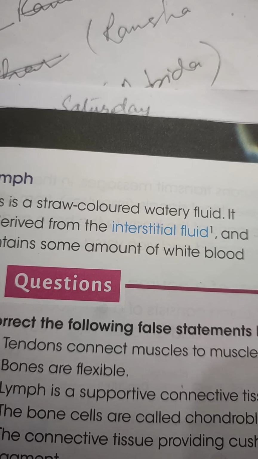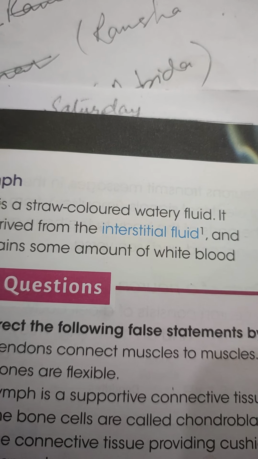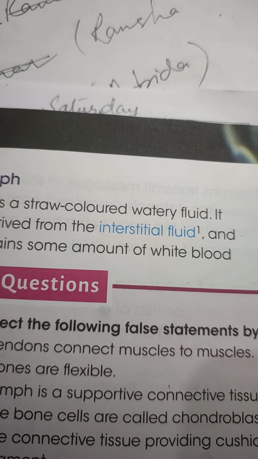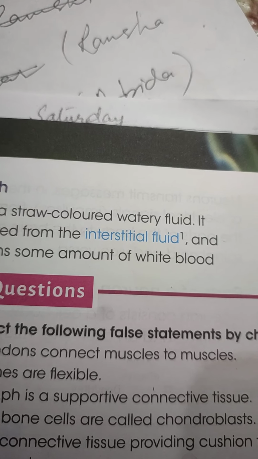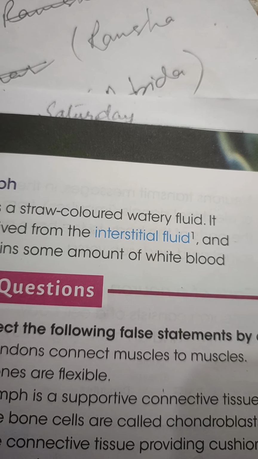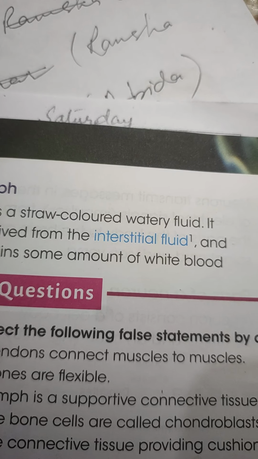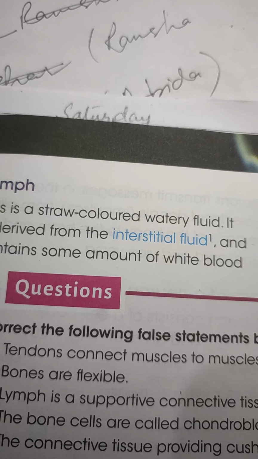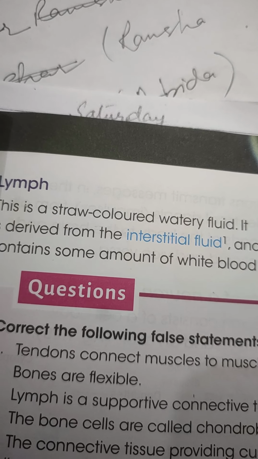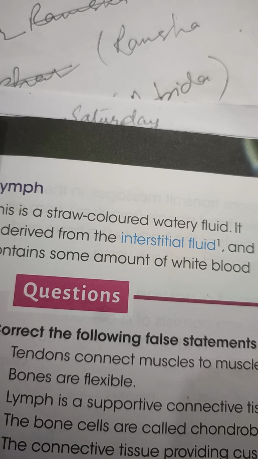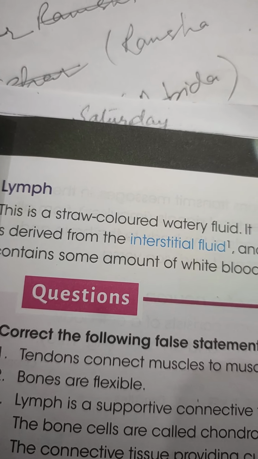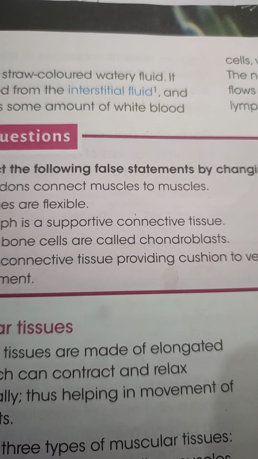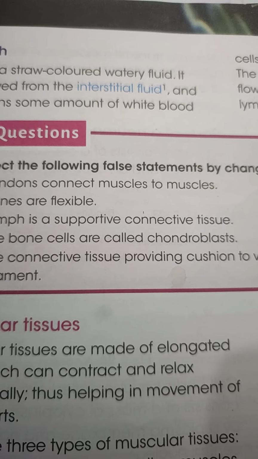So this you can say is deoxygenated lymph. Means when it seeps out from the artery, it's oxygenated lymph, and that's used by the cells. And then the deoxygenated lymph, the oxygen is used up by the cells, and the carbon dioxide comes in the lymph. Sorry, that deoxygenated lymph is absorbed by the lymph vessels only.